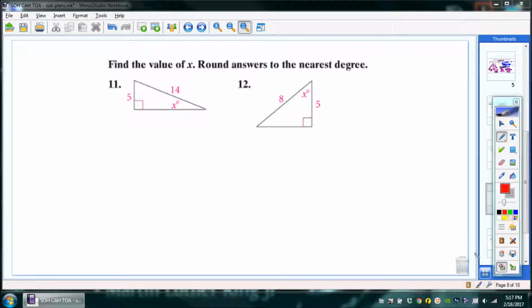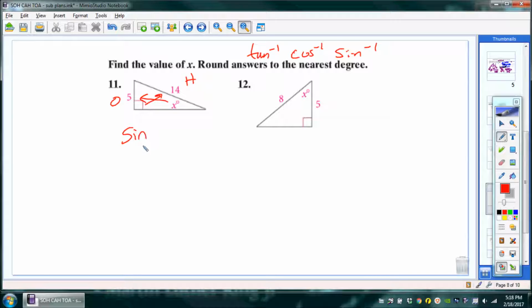So for 11 and 12, don't forget we're trying to find the degree. And so when we use degree, we're going to be using those inverse functions. So for number 11, I have opposite and hypotenuse. So this is going to be sine of x. So sine of x equals opposite over hypotenuse.